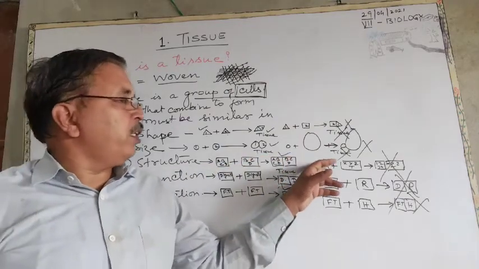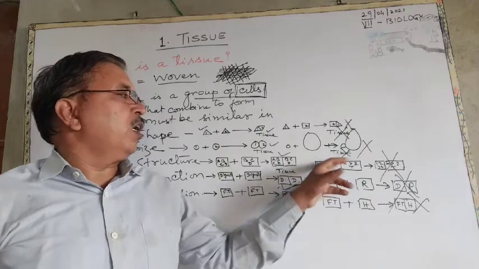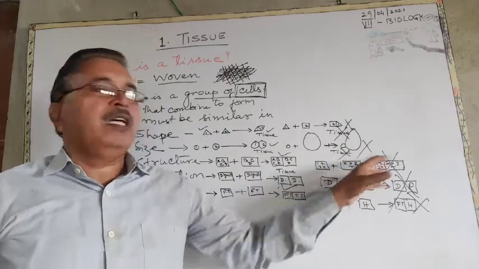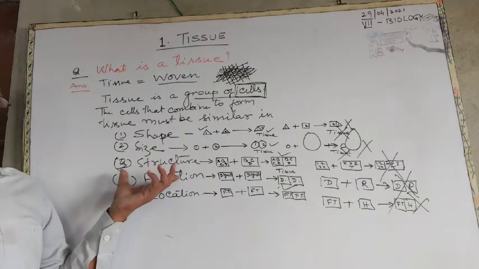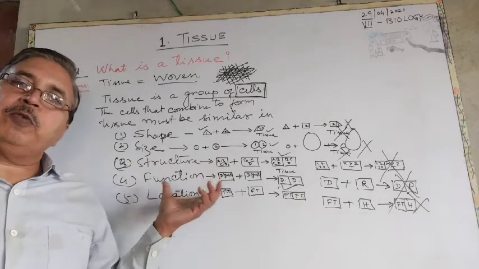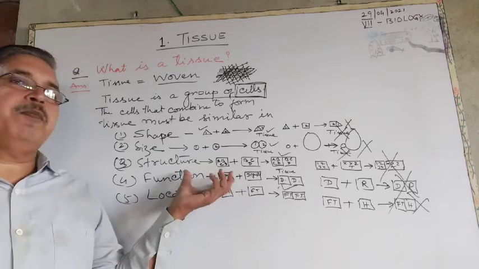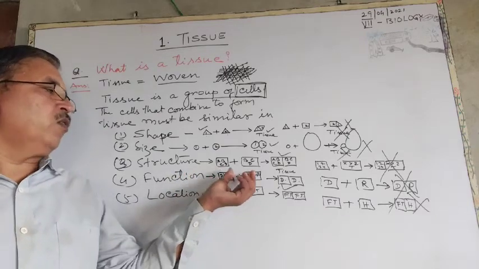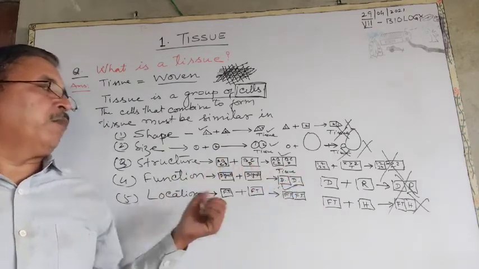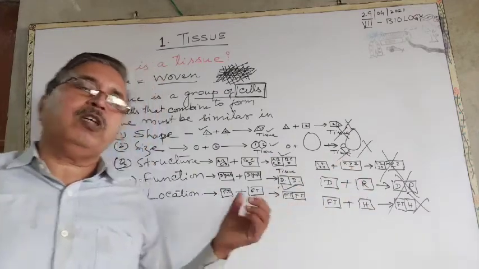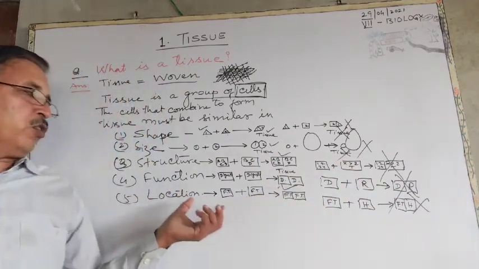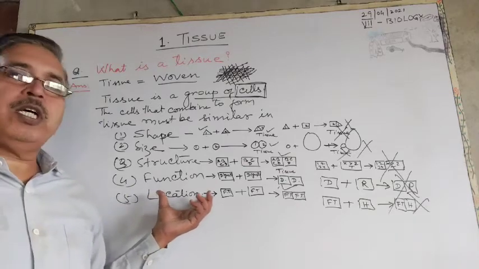But suppose one cell is made up of digits, and the other is made up of alphabets, they will not combine. Do you follow? Regarding the function also, they should have similar function. If one is helping digestion, and the other one also digestion, then they may combine. But if one is digestion and the other is respiration, they may not combine to give rise to a tissue. Then comes the location.